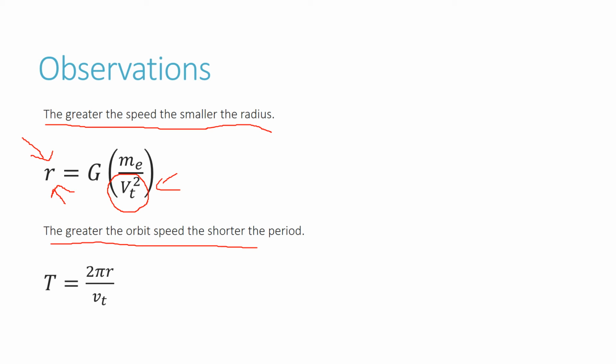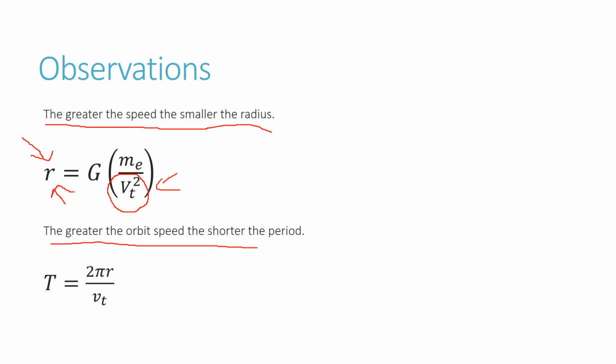And the next part for part B is that the greater the orbit speed, the shorter the period. This isn't only because it's traveling faster. It'll have a smaller radius, and it'll be traveling faster. The period is proportional to its radius over the speed.